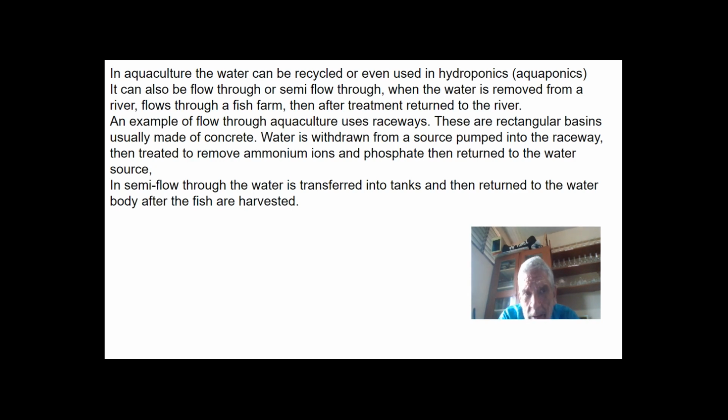It can also be used as a flow through, or semi-flow through, when wastewater is removed from rivers, flows through a fish farm, and then after treatment is returned to the river. There's a place in Black River which does that, where they rear fish using water from the Black River, and then finally return the water to the Black River.